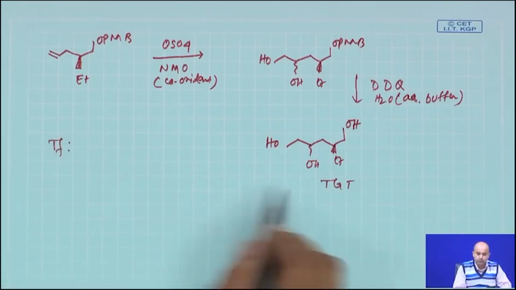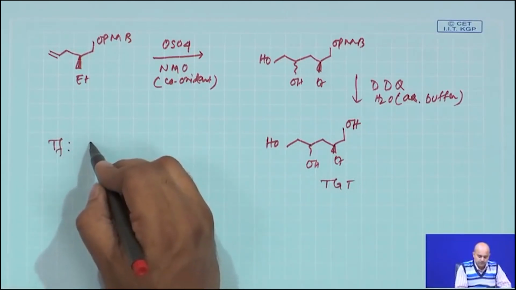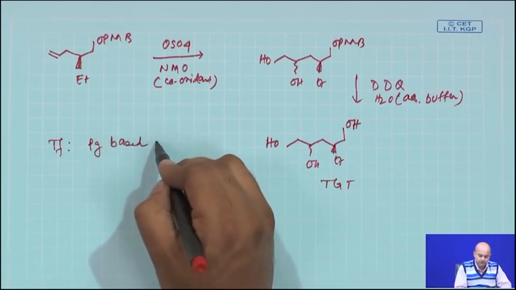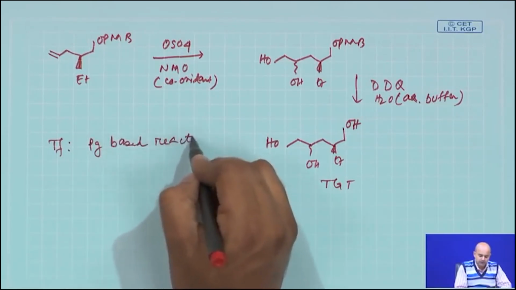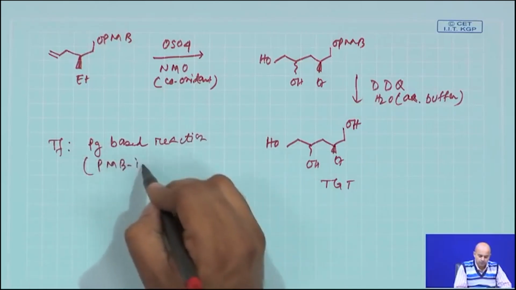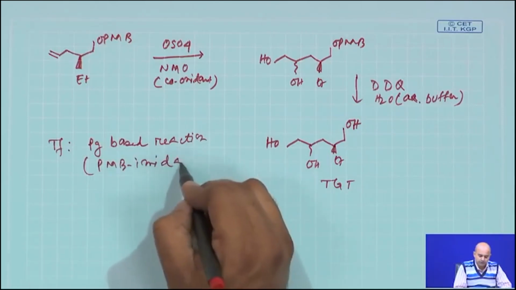If you try to correlate, we first do a protecting group based strategy, a protecting group based reaction, and there we used a PMB imidate to take care of the stereo center.